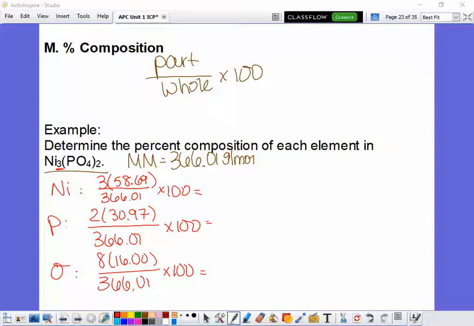Has anyone found any of them yet? Yep, go ahead. Nickel is 48.11%. I combined the compound... Oh, you did it as PO4? Yeah. Gotcha.